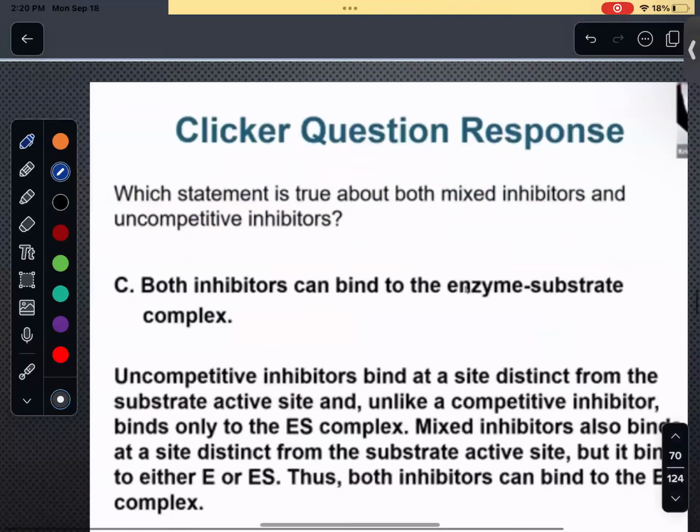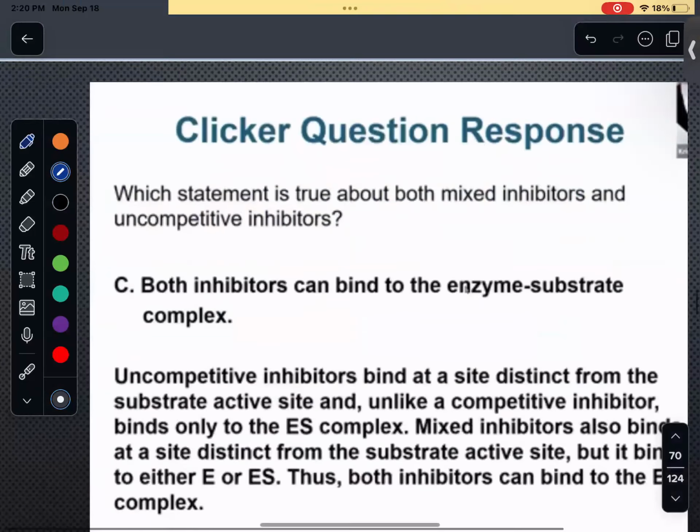Like we said a few slides ago, these non-competitive inhibitors fit under the umbrella of mixed inhibition, but in this case, alpha will equal alpha prime.